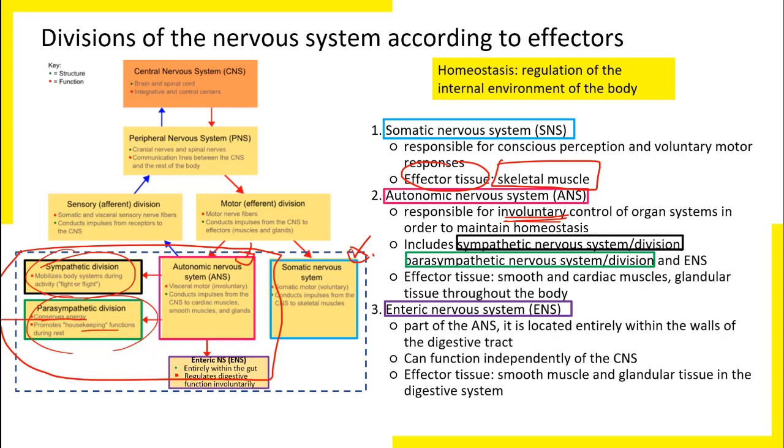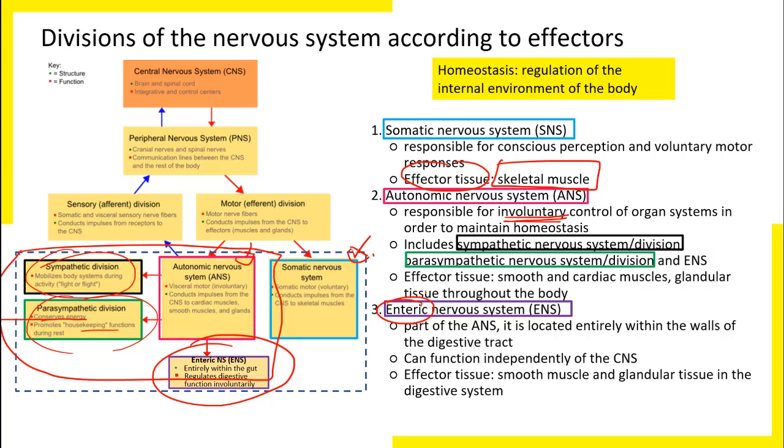And then the third division is called the enteric nervous system, right over here. Enteric refers to intestinal, so it's found entirely within the walls of the digestive tract or the gut. The enteric nervous system can function independently of the central nervous system.